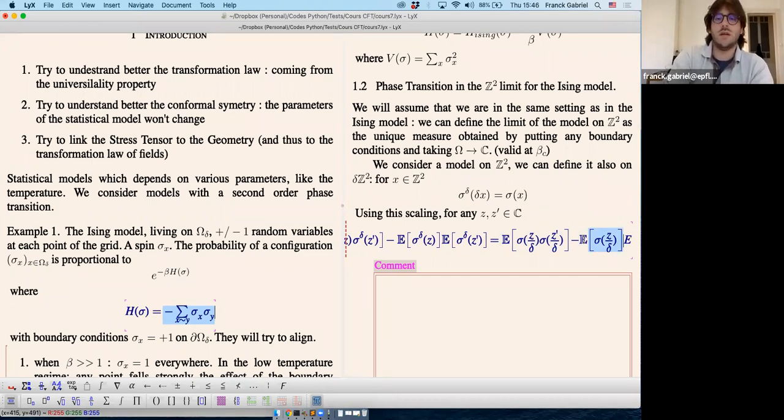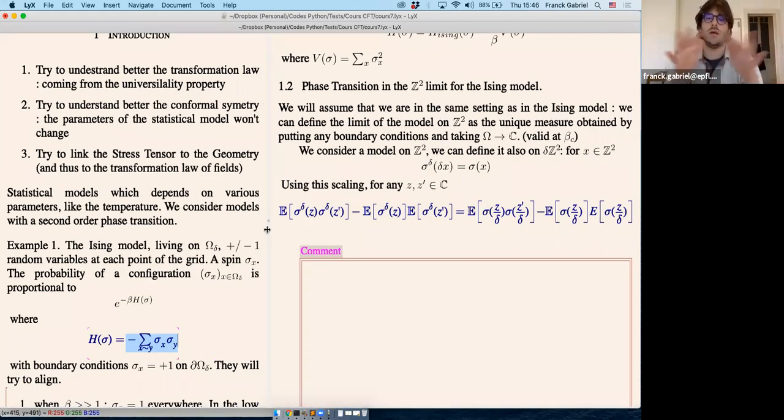So in particular, there is something interesting, which is that there's a notion for a system on Z2, which is the correlation length. Okay.